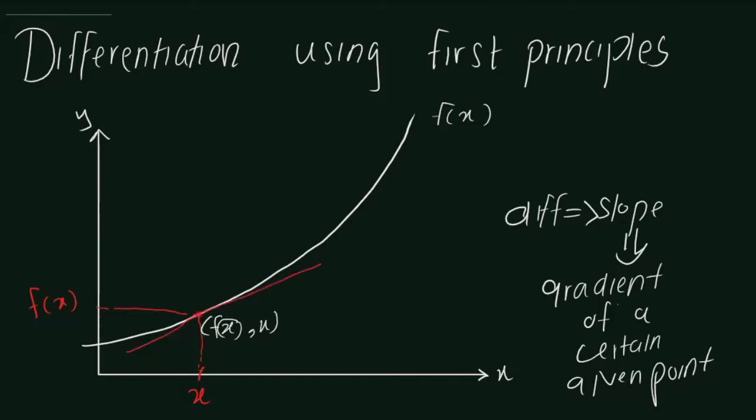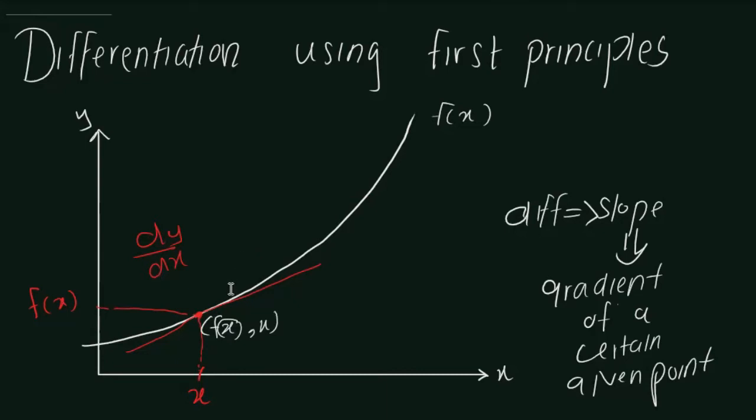That gradient is called dy over dx, the rate of increase of y. So differentiation is basically the slope, or else the gradient, at a certain given point.